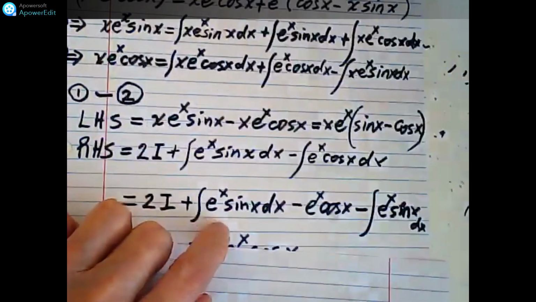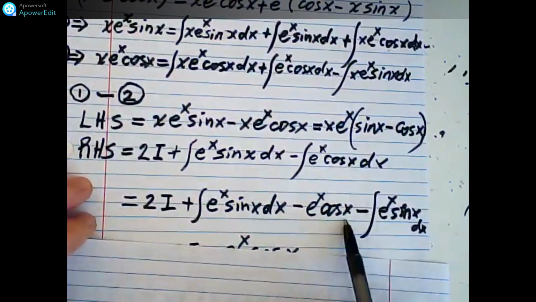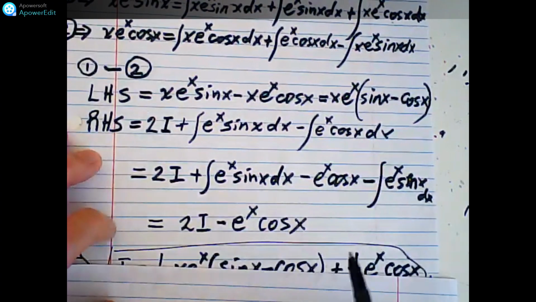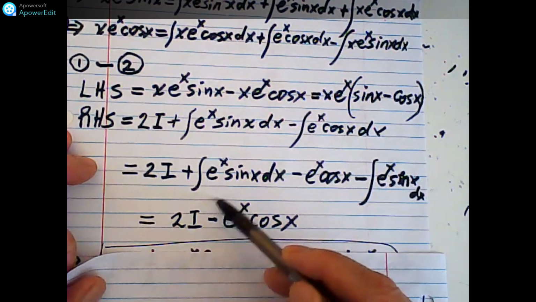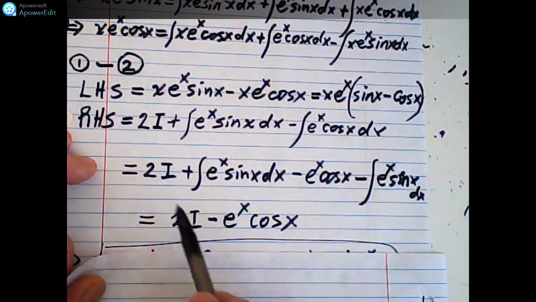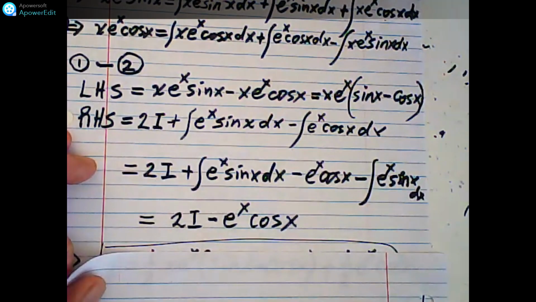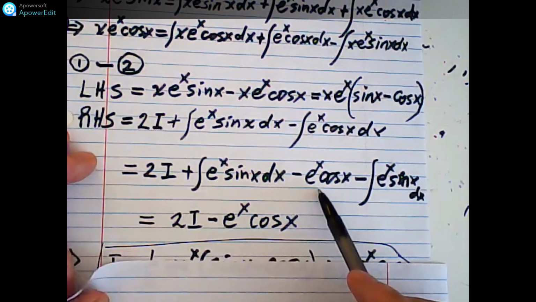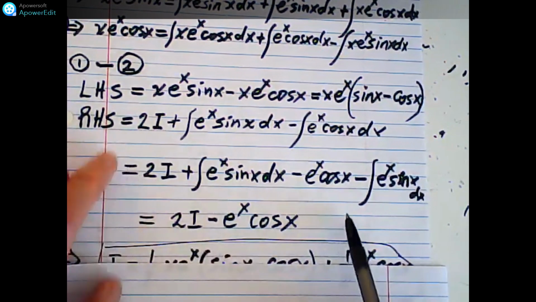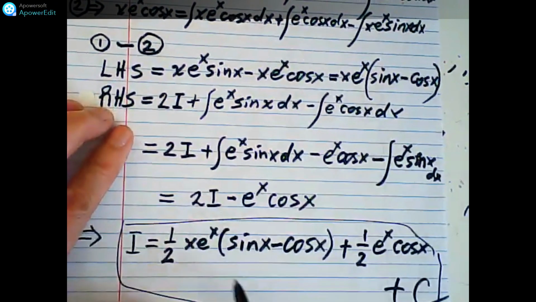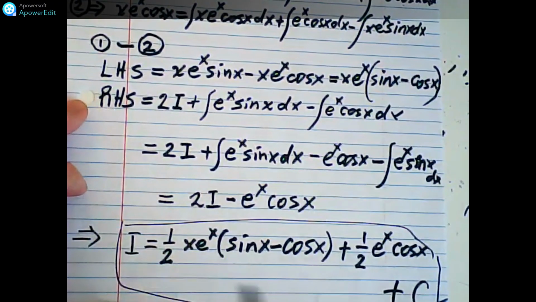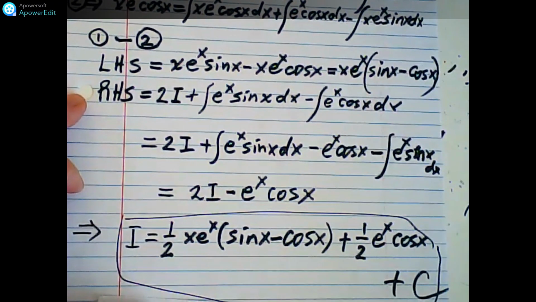You get this negative after subtraction. Then this might cancel with the other one. So you're left over 2I minus this. This is the right-hand side. Left-hand side is this. So 2I, you get that one. Same answer.